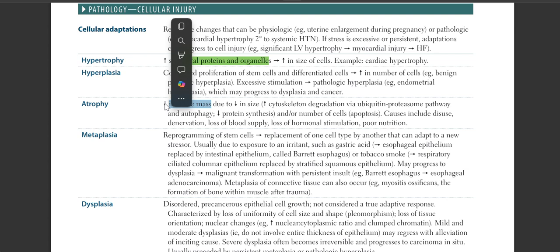Now, if you want to decrease the size of a cell, what would you do? You want to remove the excess protein, right? So you want to shrink the cell membrane. Maybe you want to get rid of some organelles. So which mechanism in the cell can lead to destruction of protein?